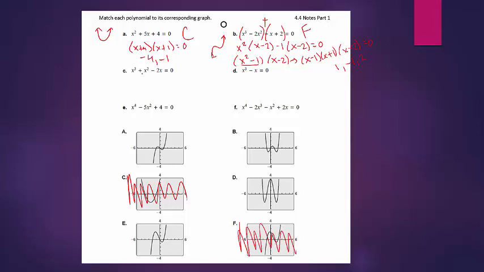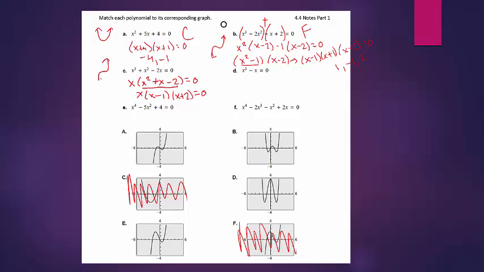So when I look at letter C, I see right away that there's a GCF. So I'm going to begin by factoring out an x, leaving me with x squared plus x minus 2. Then I look at this quadratic and I just ask myself, could that quadratic factor? And it can into x minus 1 and x plus 2. So this is going to be a cubic function.